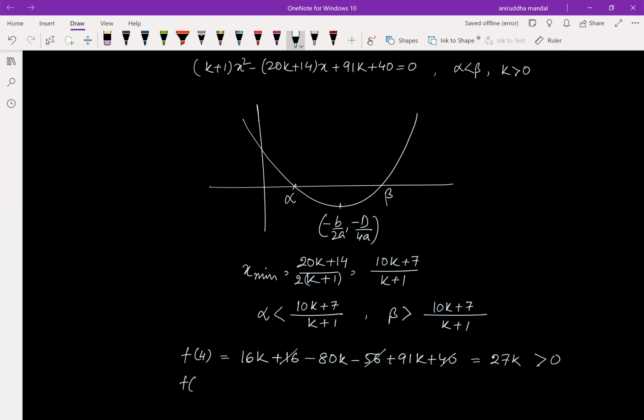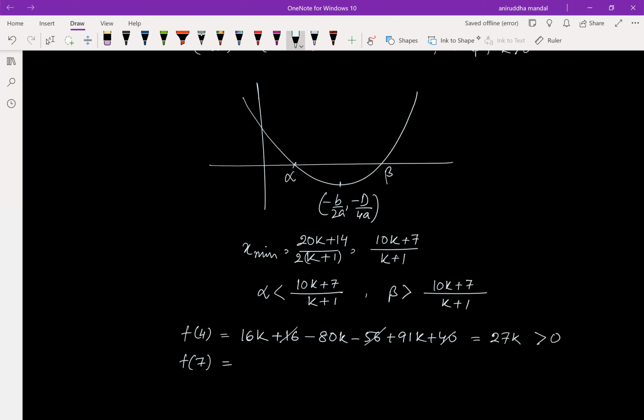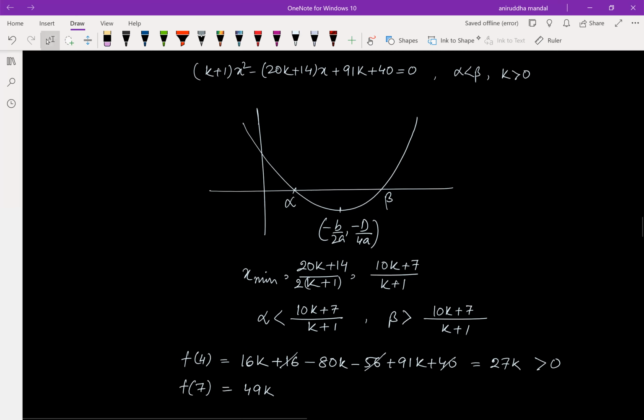Then f7, so f7 is 49k plus 49 minus 140k minus 98, then plus 91k plus 40.